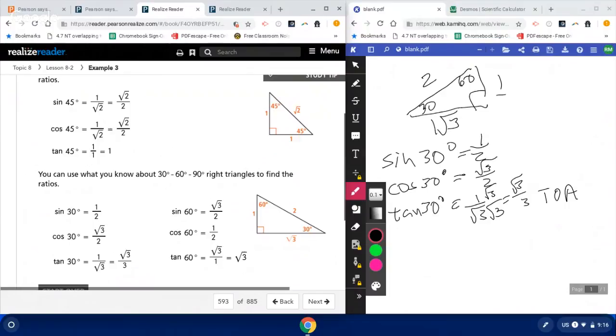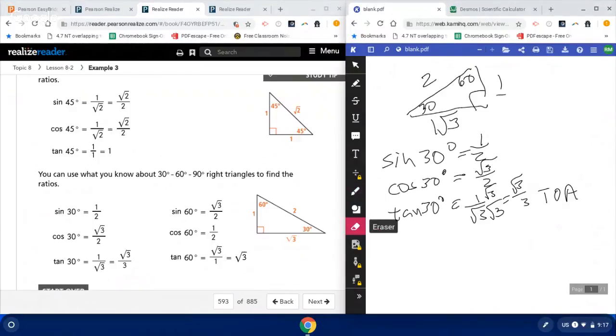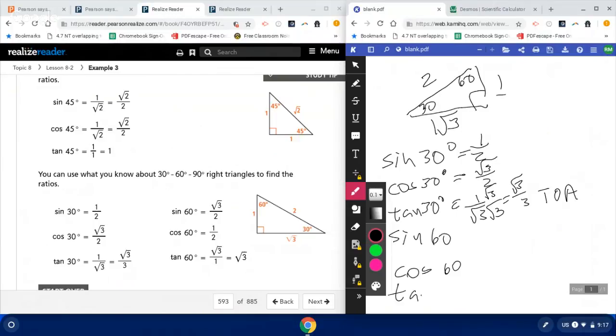Then they want us to know the 60 degree ones: sine of 60, cosine of 60, and tangent of 60.